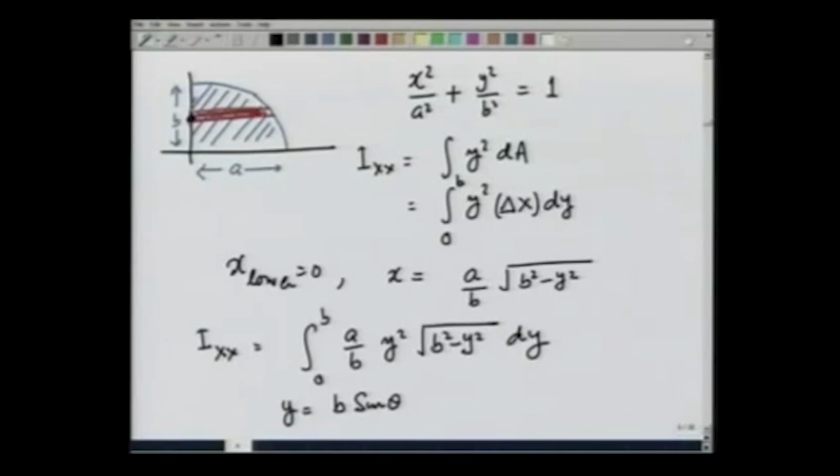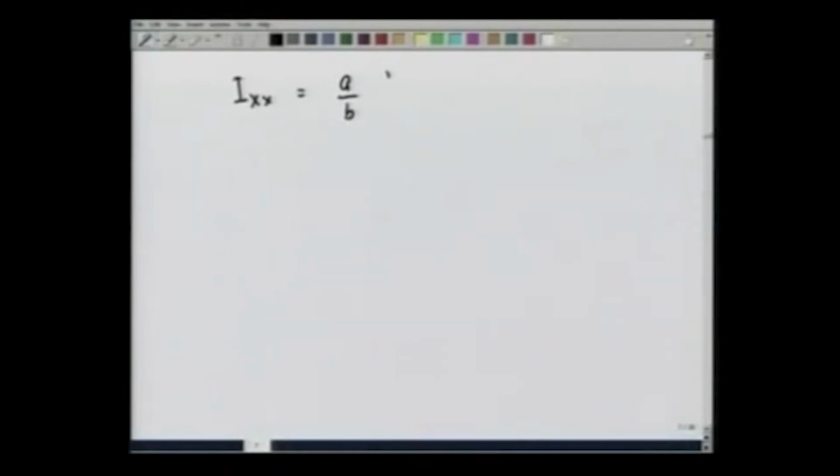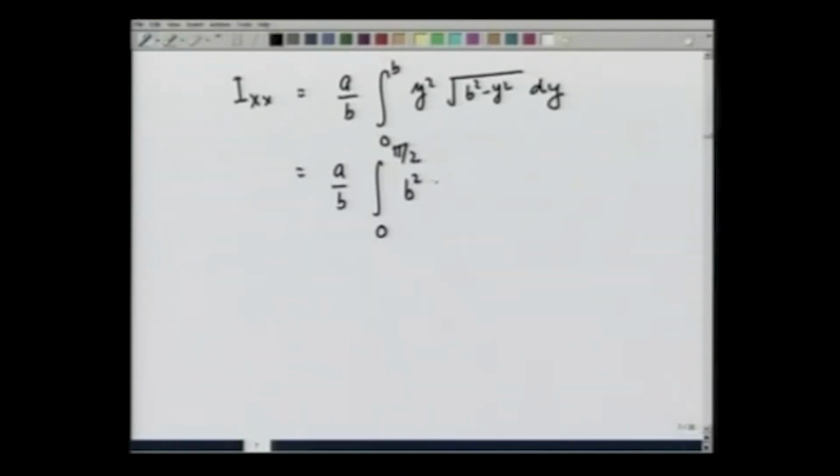By doing so, I get Ixx, which is a over b integral of y squared times the square root of b squared minus y squared dy, from 0 to b, as a over b integral from 0 to pi by 2, where y squared is b squared sine squared theta, the square root of b squared minus y squared is going to be b cosine theta, and dy is again b cosine theta d theta.